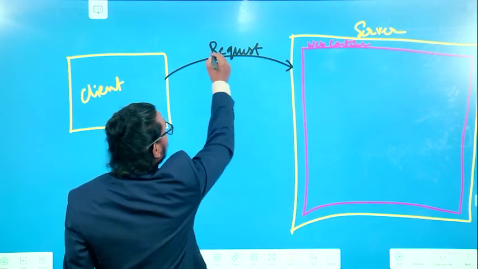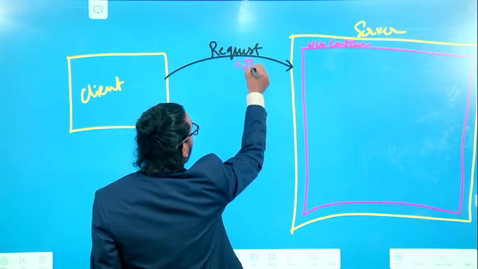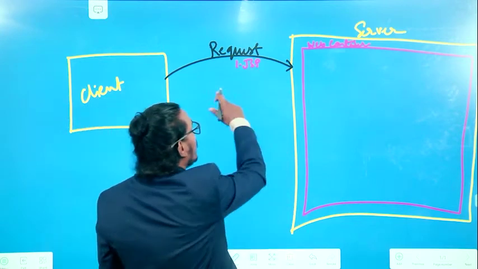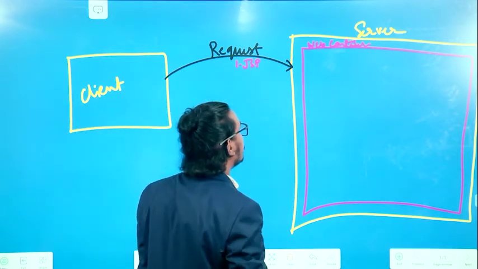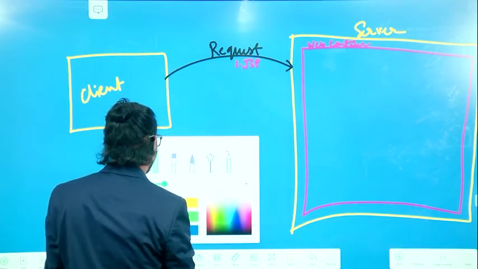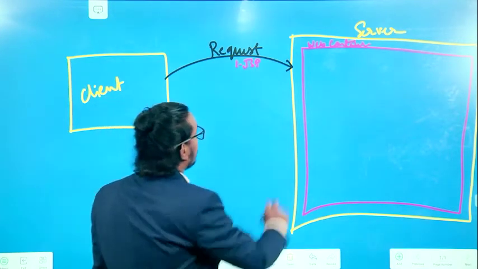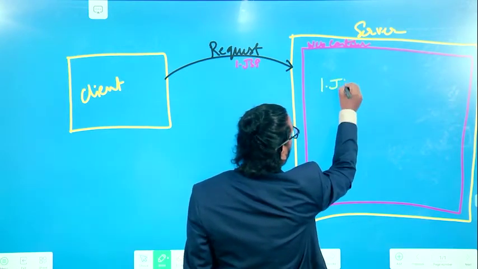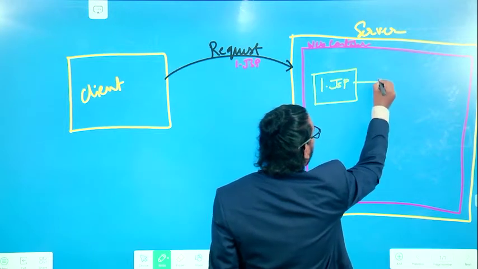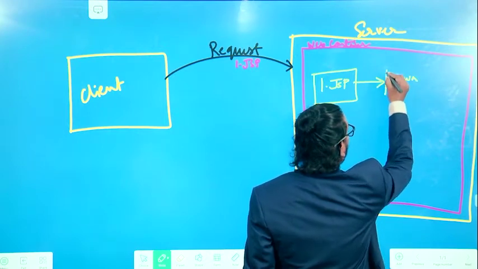This particular request has, for example, a one.jsp file. With the help of this one.jsp file, we are requesting some service. Now we take that one.jsp file and translate it into a .java file or servlet file.